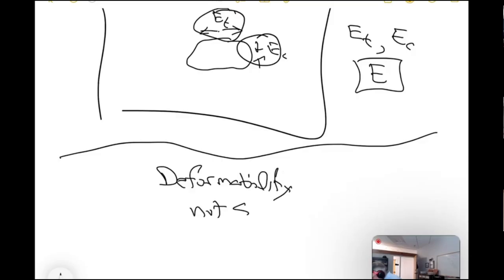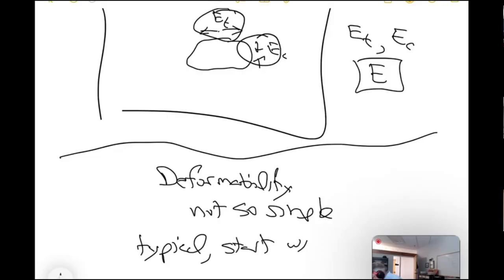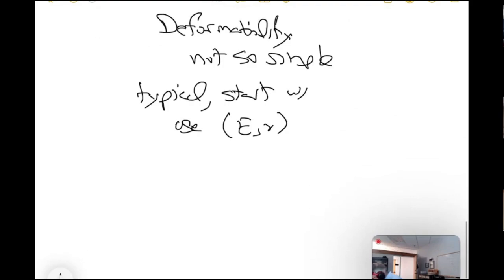So deformability, not so simple, but we're going to keep it simple. Typically, to start with, use an E and a nu and assume ET equals EC.